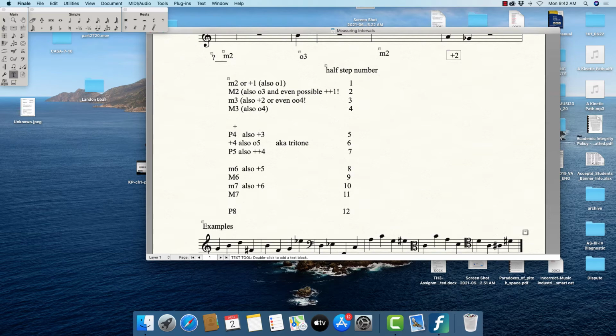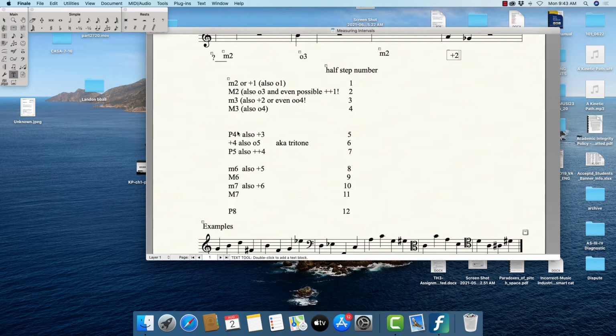All right, so I'm not going to keep going into all these odd possibilities, but anyway, the major third will have four half steps. If I count up four half steps and I'm spelled in thirds, I have a major third. An example would be, on your keyboard, C to E is a major third, because C, one C sharp, two D, three E flat, four E, so there's four half steps.